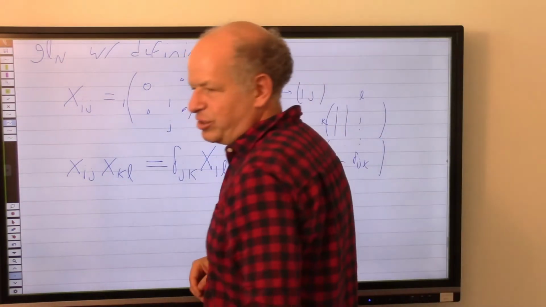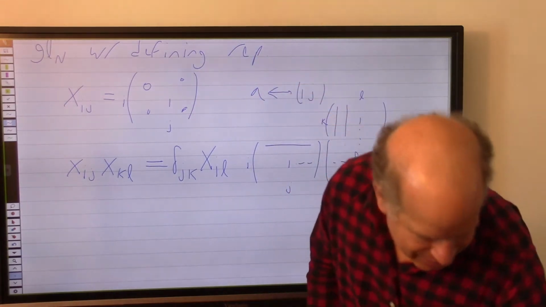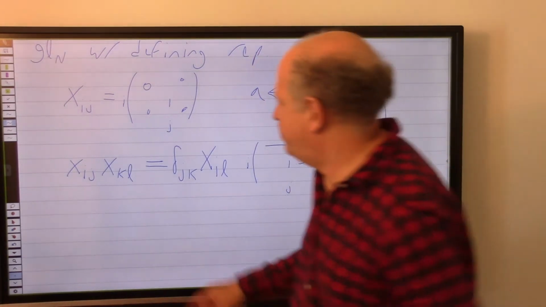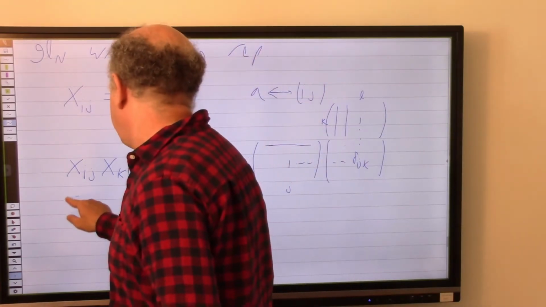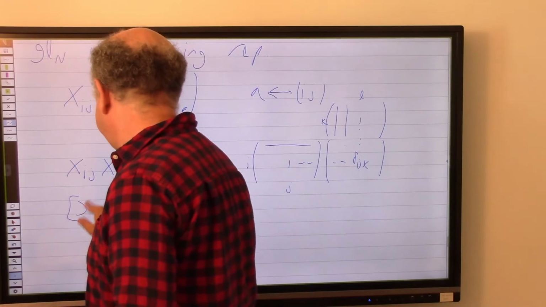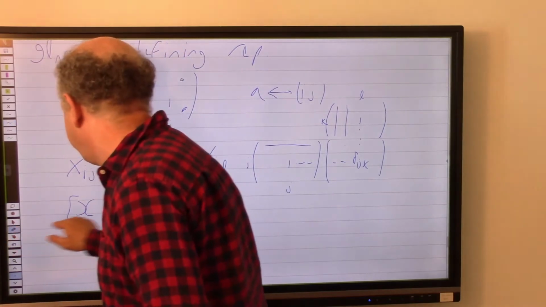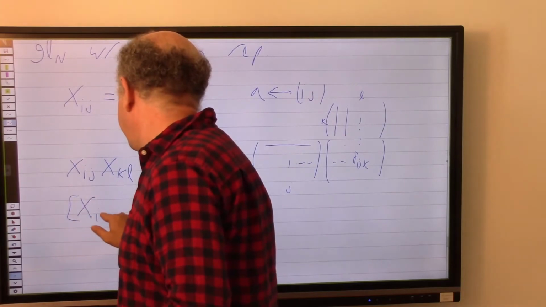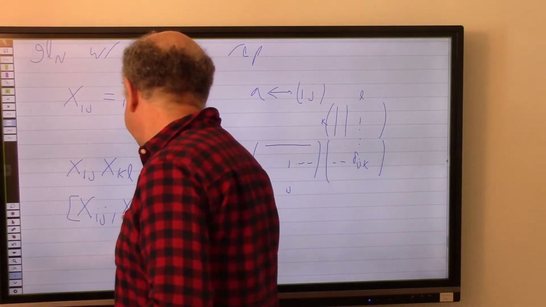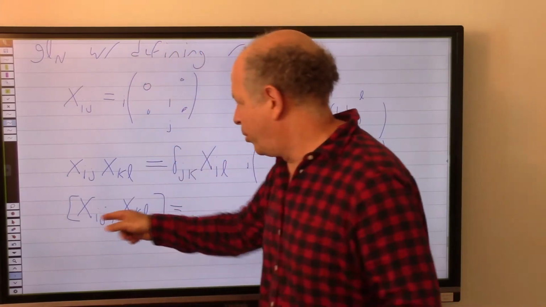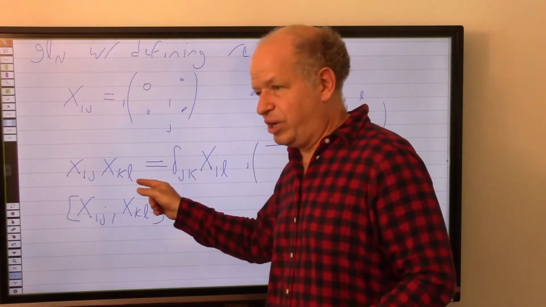Maybe I wasted your time. But anyway, now that you've done this, you can compute the bracket. So the bracket of XIJ and XKL is their product done this way.